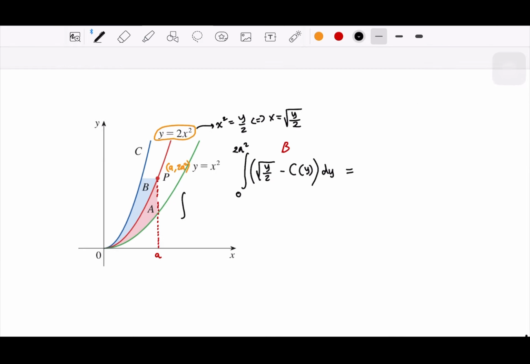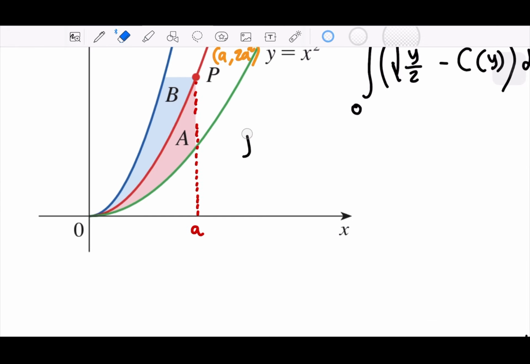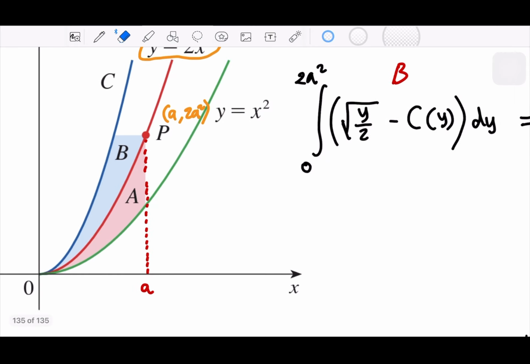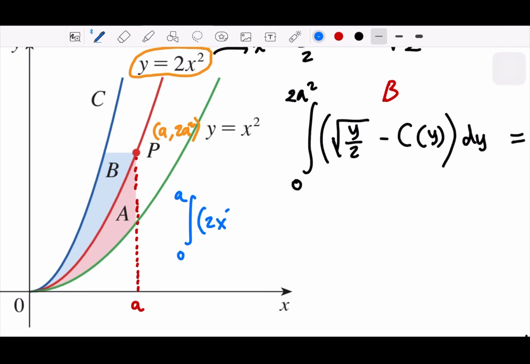Maybe let me write A around here, maybe in a different color to make it clear. So maybe blue. So this is just a normal dx, from 0 to a, right? 2x squared minus x squared. So this is just x squared. And this will be 1 over 3 x cubed, but we can directly substitute x with a, so a cubed over 3.